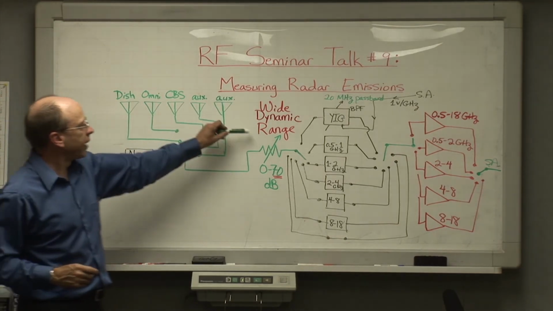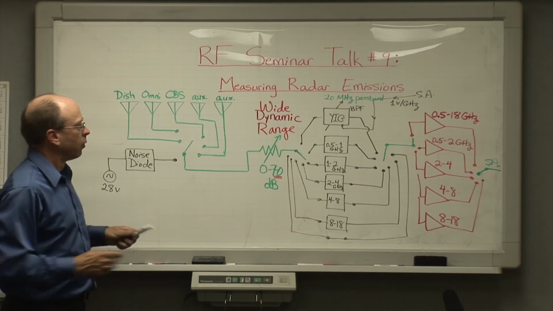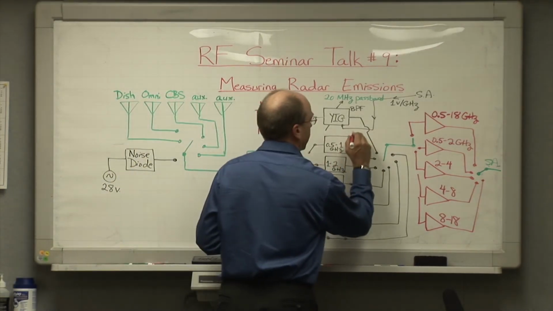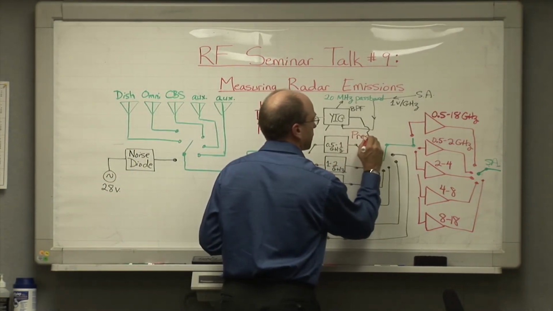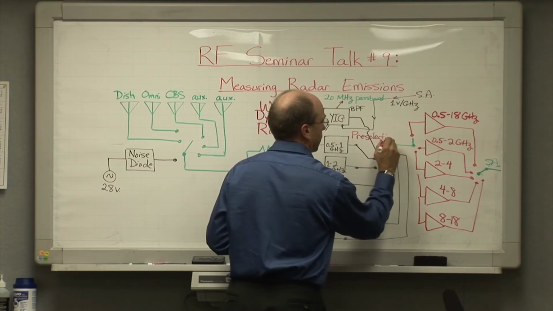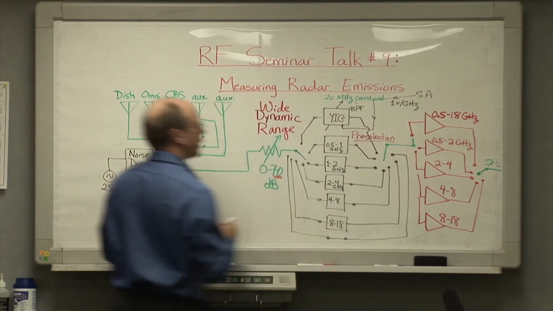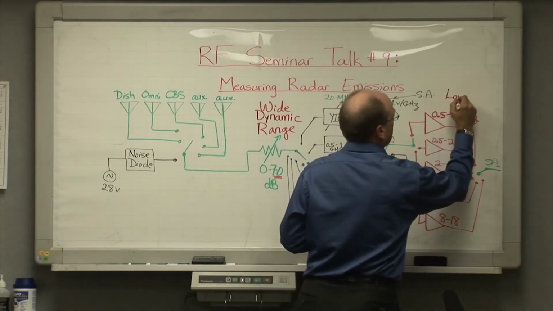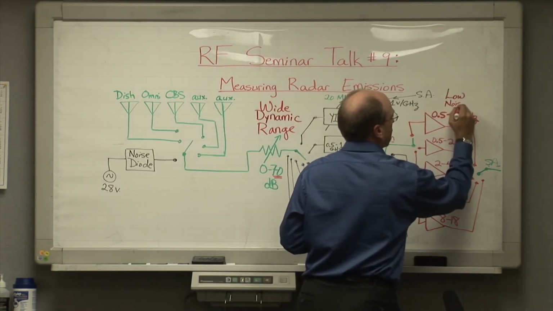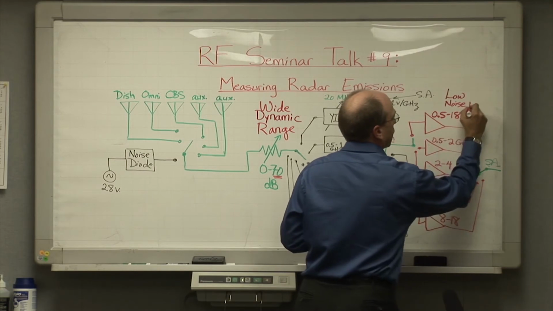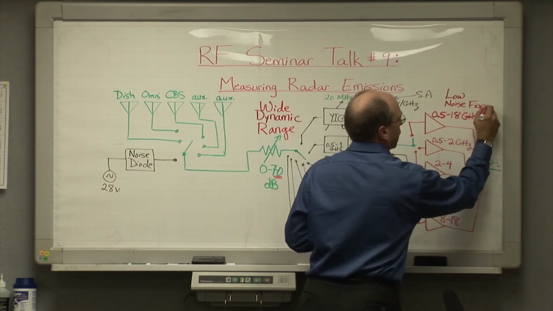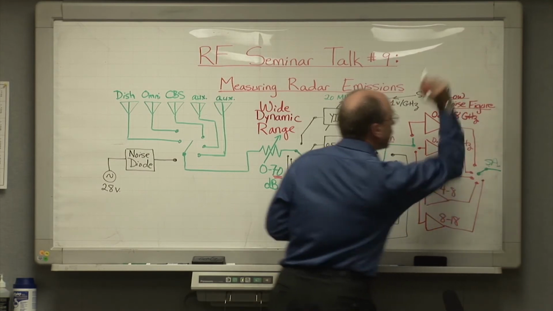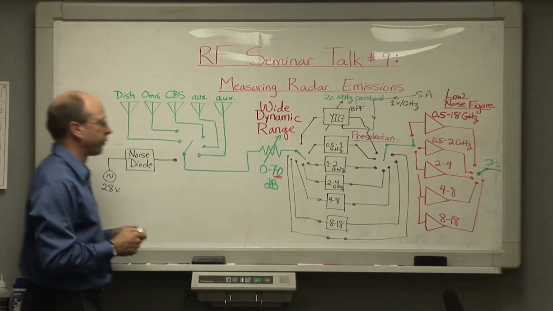And so we get the wide dynamic range with the attenuator. We get the pre-selection at this point in the measurement system with the set of bandpass filters in here. And then finally we get low noise figure at this stage in the system in the front end.